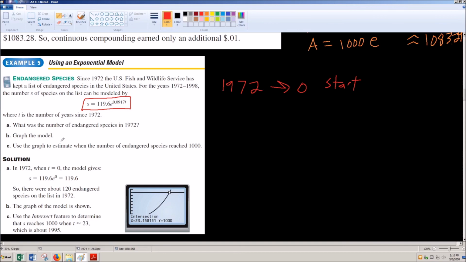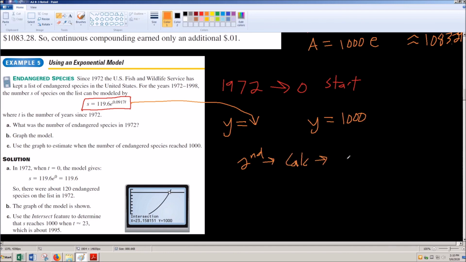And then the third part says use the graph to estimate when the number of endangered species reaches 1,000. In order to do this, I'm going to have two equations. One is y equals that thing, and the other is y equals 1,000.